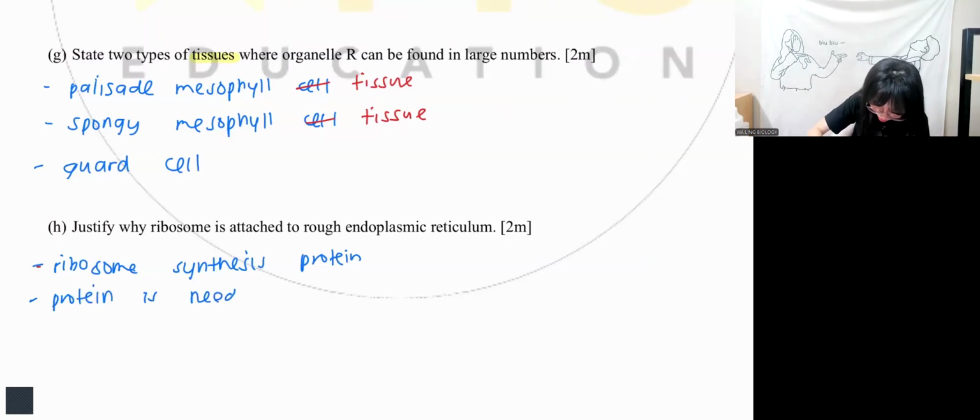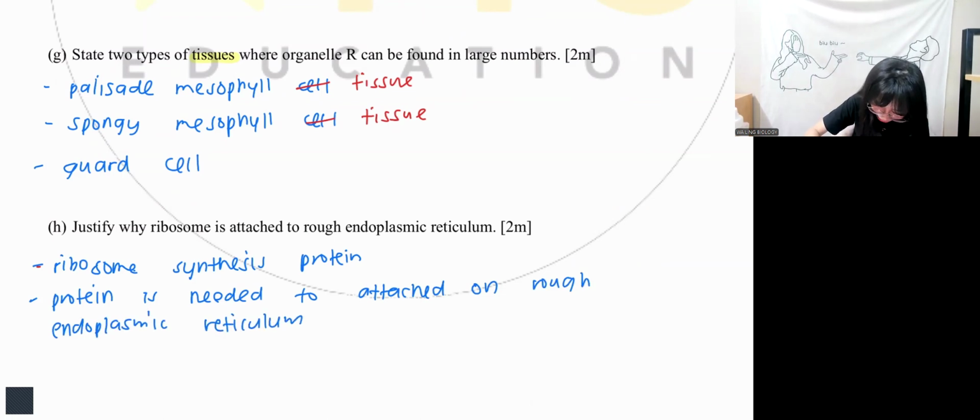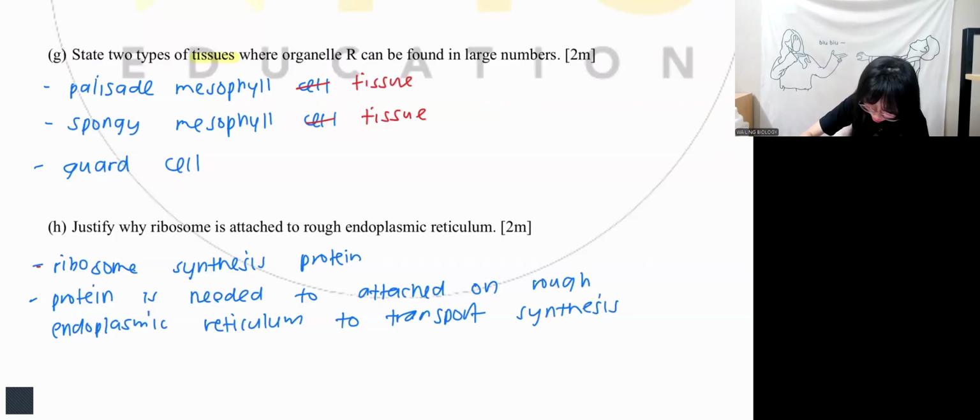Protein is needed to attach on rough endoplasmic reticulum to transport synthesized protein to Golgi apparatus.